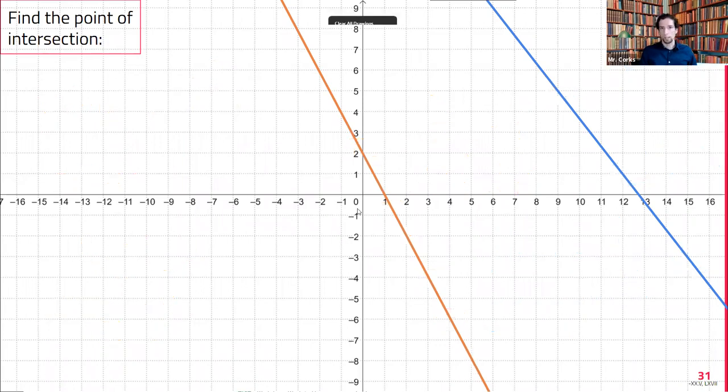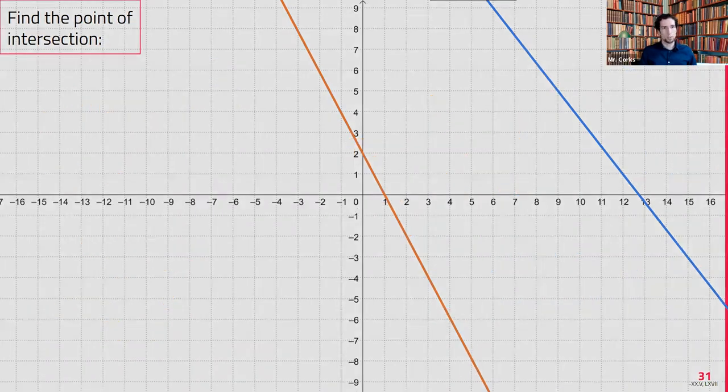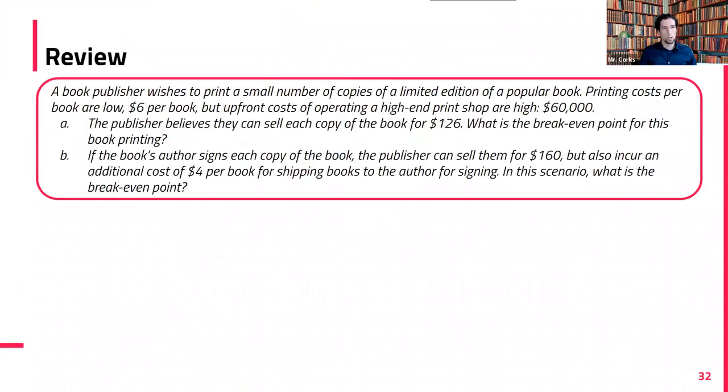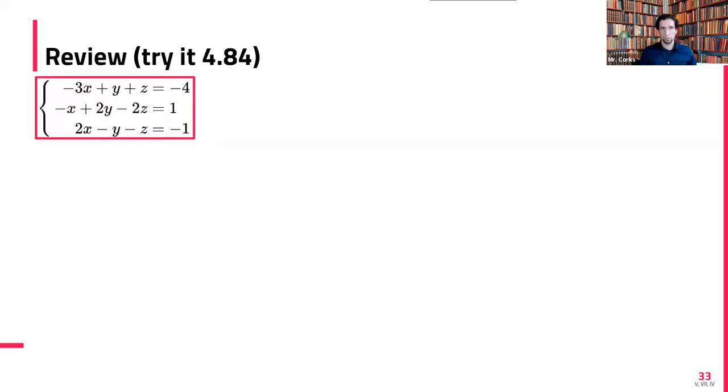Okay, all right, 2 more. Let's do this one really quickly. If we're trying to solve for x, y, and z here, what do we do? We can use matrices.